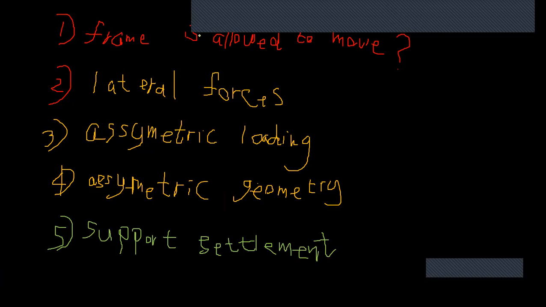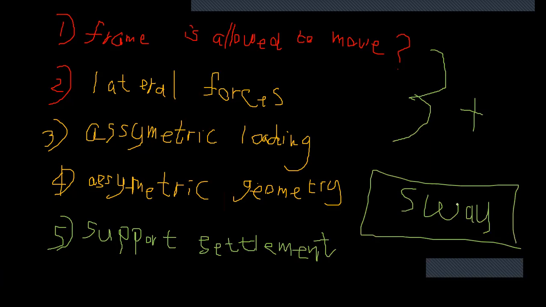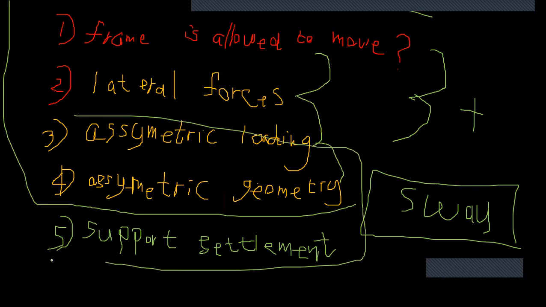So these are the major points. There can be two or more combined, right? Sometimes everything combined. So those are also sway frames, right? So these are individual factors. There can sometimes be two or more, three combinations in the same thing, right?